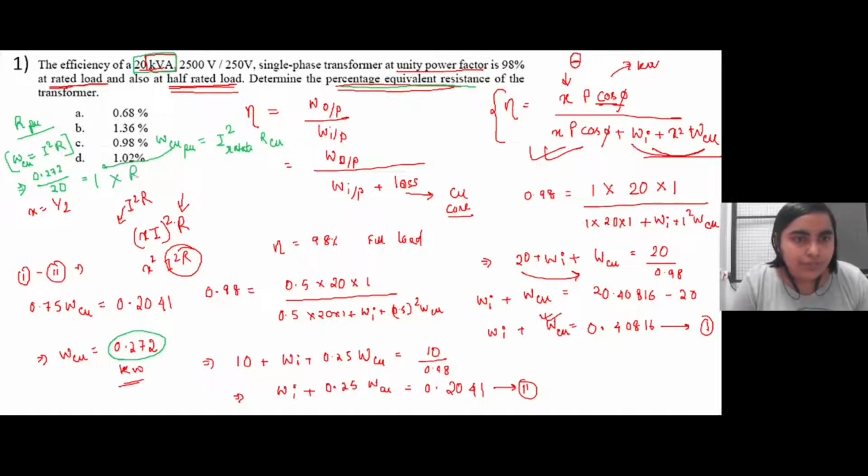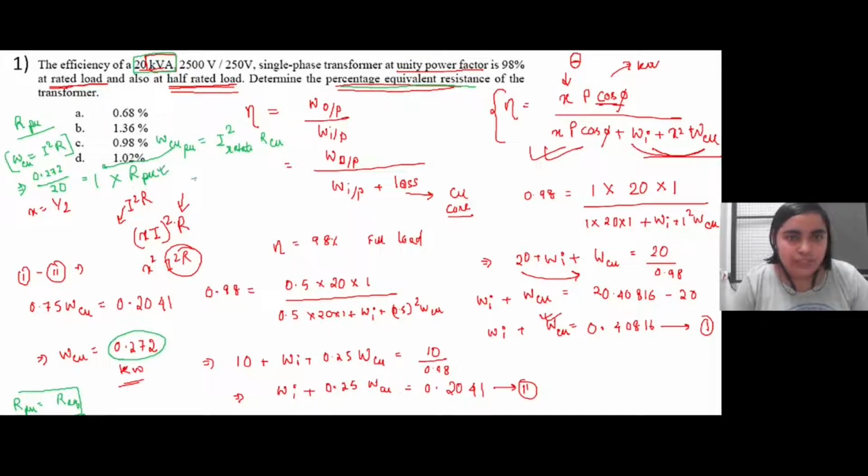R, we will get it in terms of per unit, because I guess you have seen in the lecture that the resistance per unit is given by whatever the equivalent resistance is divided by the rated impedance, which is termed as the base impedance. So we are getting this RPU from this equation.